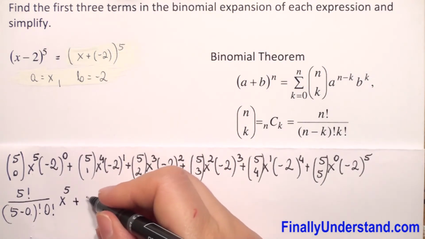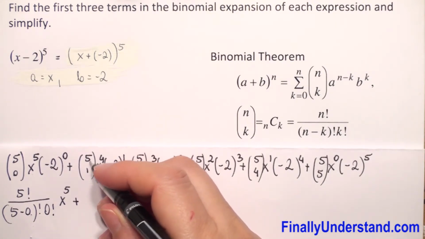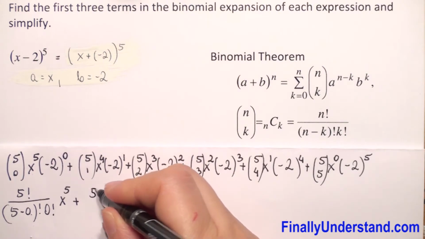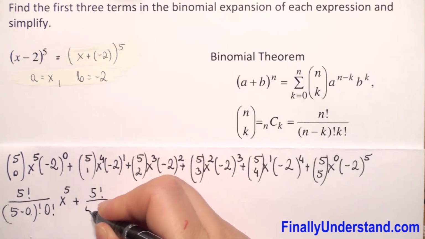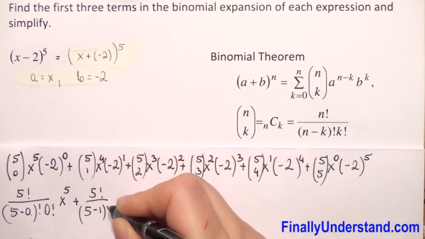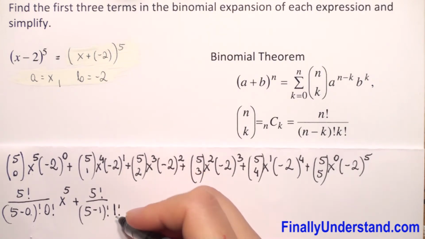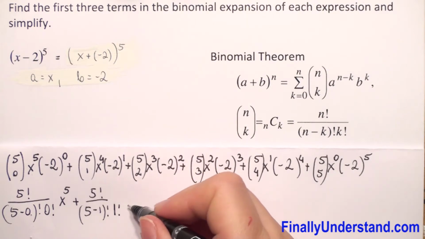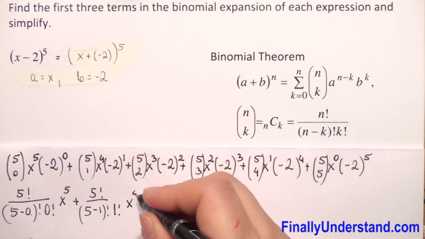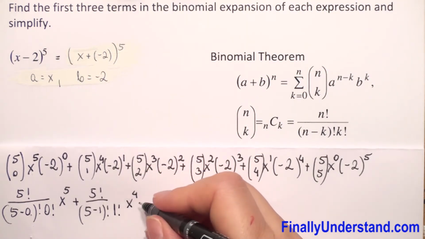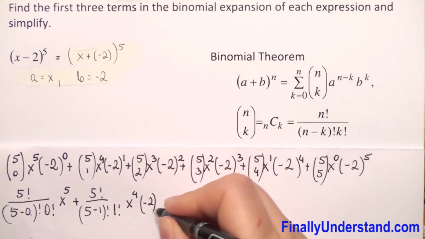Next we have plus 5 choose 1, so this is 5 factorial over (5 minus 1) factorial times 1 factorial. And we have x to the 4th power, negative 2 to the 1st power, so this is negative 2.